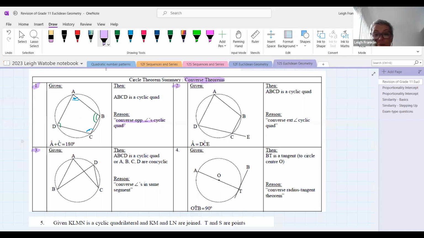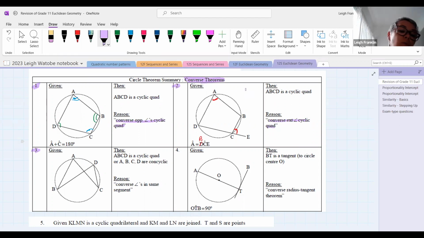I can also prove that a quad is cyclic if I can prove that the interior angle is equal to the opposite exterior angle. So if I can prove that angle A equals angle BCE, then I can also prove that ABCD is cyclic using converse exterior angle of a cyclic quad. I'm going to show you an example of that now.